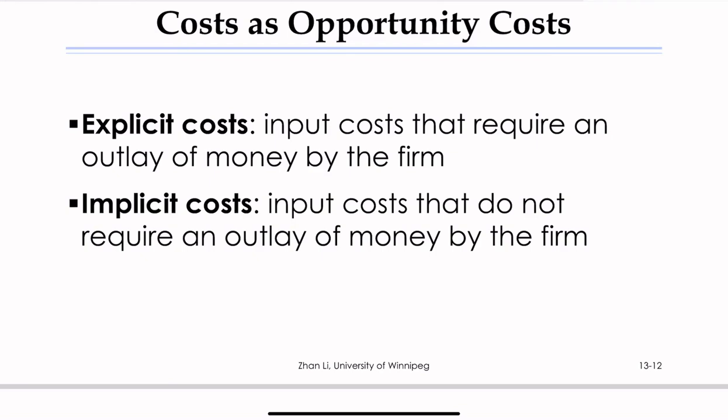So in this case, it does not require an outlay of money by the firm. So basically, you can see that for explicit cost, you will actually see the flow of money, right? And in the second case, for the implicit cost, there is no flow of money, right? You cannot see the trail of money.